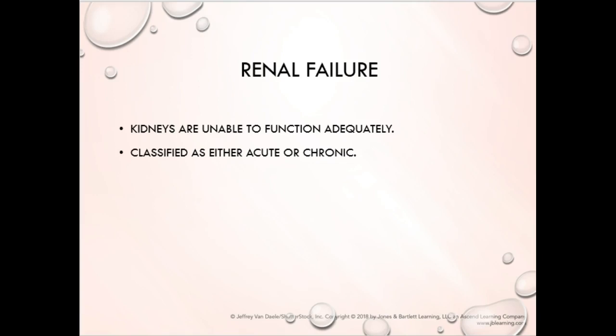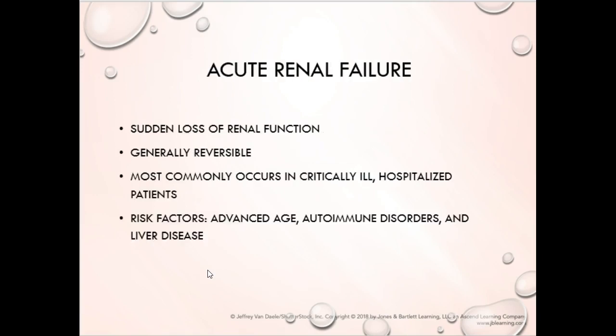Moving into renal failure. We have acute or chronic, and you probably know a bunch of this, but let's go over the actual specificities of it so we know what we have to remember. So acute will be obviously sudden. This is generally reversible.